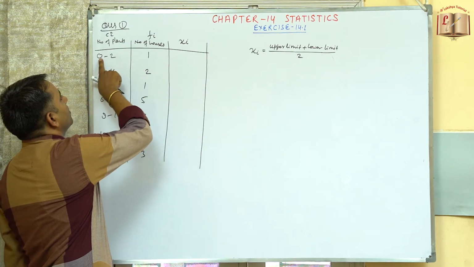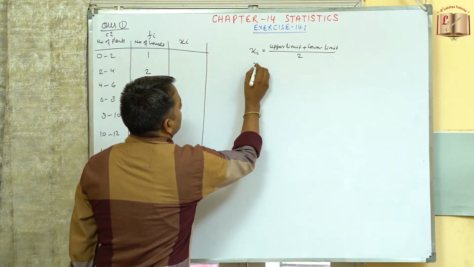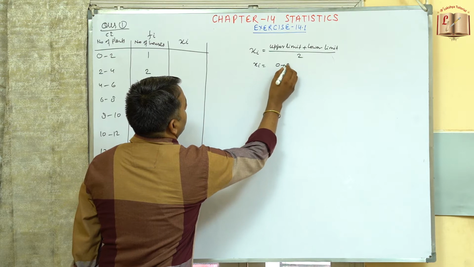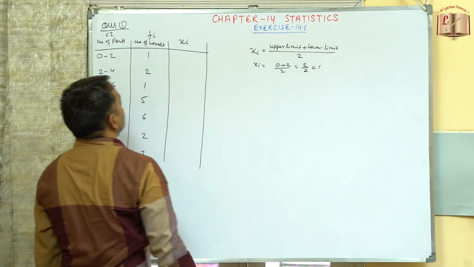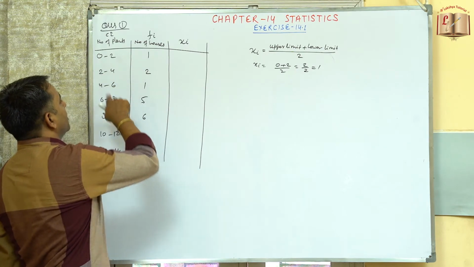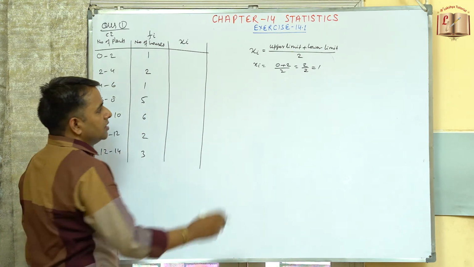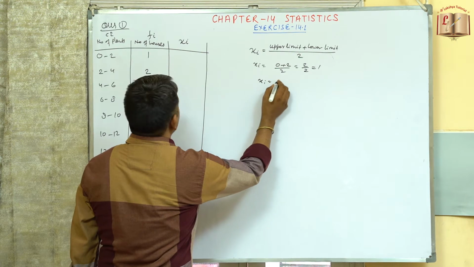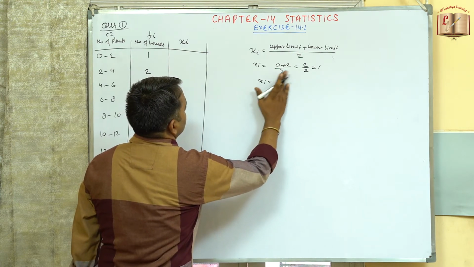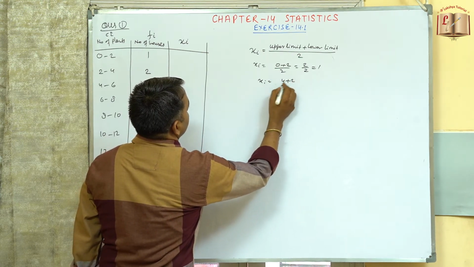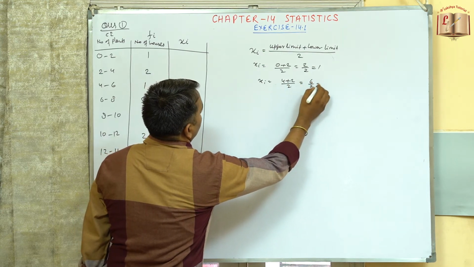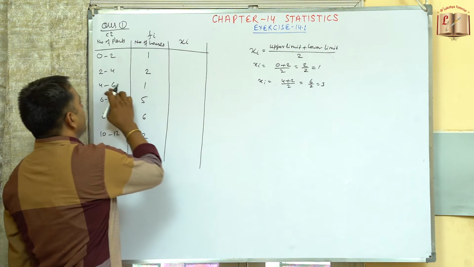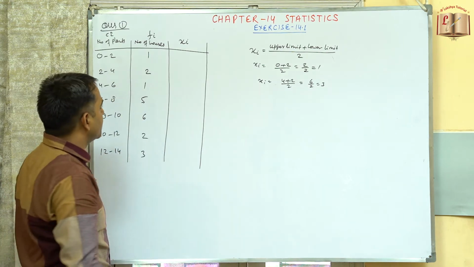So for here it will be 0 plus 2. So xi will be 0 plus 2 by 2. So this is 2 by 2 means 1. If we calculate for this, this is 2 to 4. So xi for here will be upper limit 4 plus 2 by 2. So this is 6 by 2 means this is 3. And so on we can calculate for all the intervals.